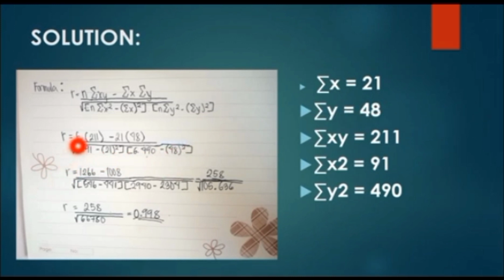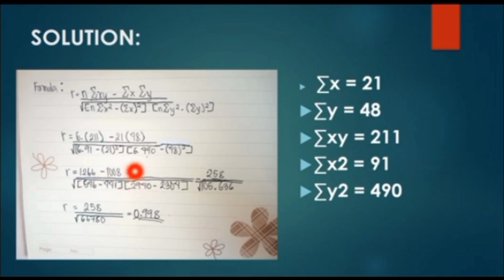So, 6 times 211 equals 1266, minus 21 times 48 equals 1008, divided by the square root. Below, 6 times 91 equals 546 minus 21 squared equals 441.